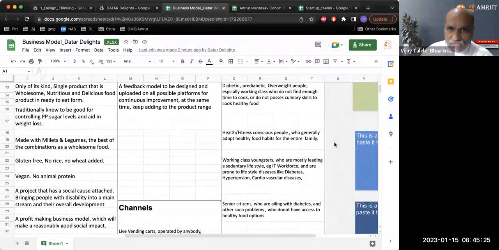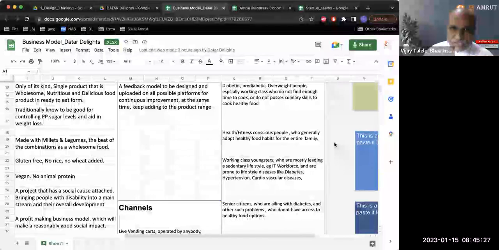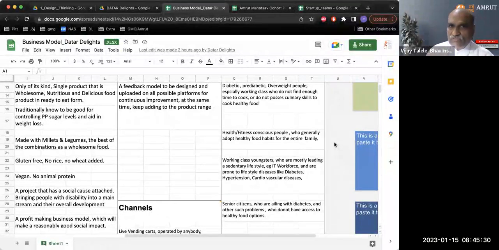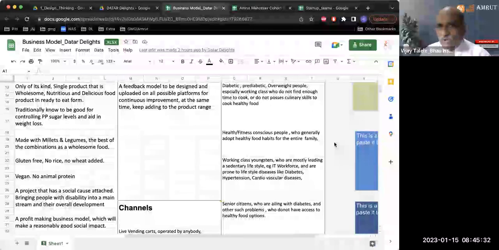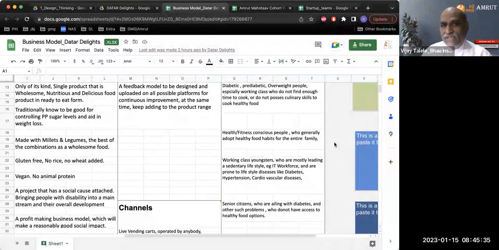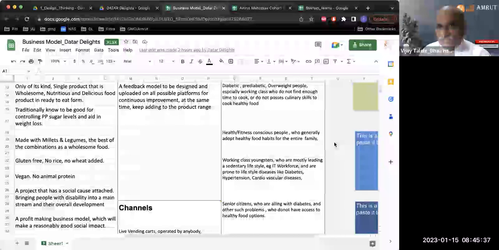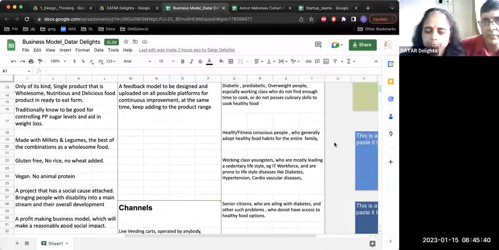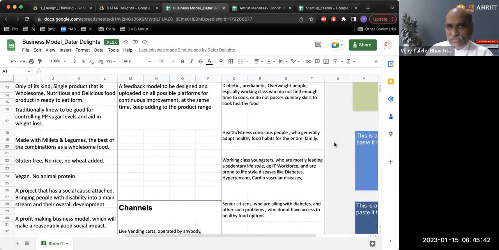And for senior citizens who are ailing with diabetes and others who do not have access to healthy food, I think that one and the first one could go together, unless you have a specific reason for creating a separate customer segment for senior citizens, or a specific value proposition for them. Otherwise, do not mention those who are ailing with diabetes, because senior citizens is a separate block, and you have already covered those who are diabetic, pre-diabetic, and overweight.